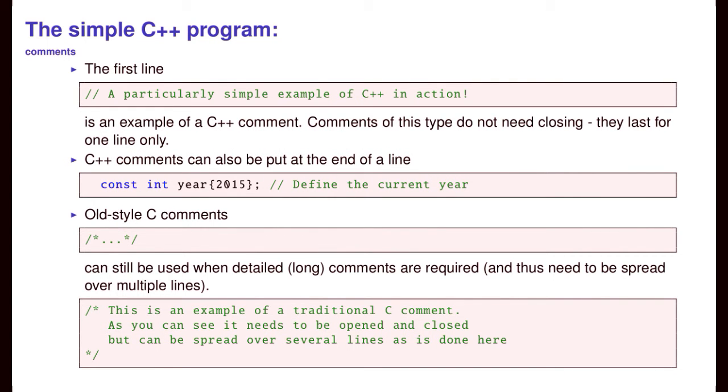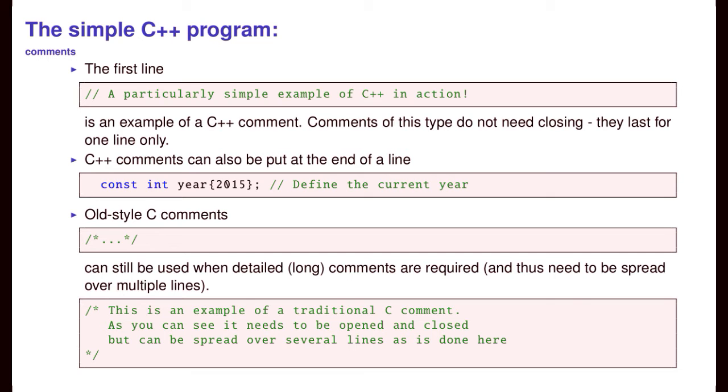The first line of the code started with a double slash and then some text over there which looks like a comment, and it is a comment, a C++ comment. Unlike the comments you may have seen in C, these comments do not need closing.